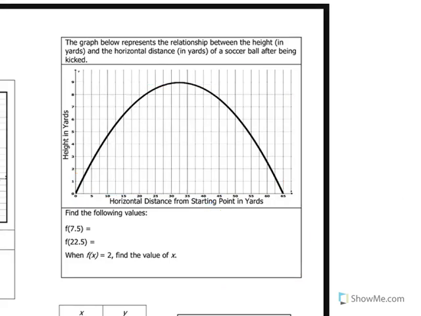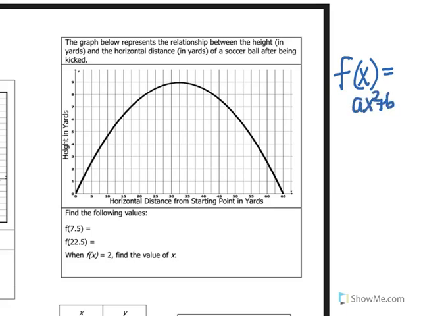So it says, find the following values, f, and then in parentheses, 7.5. So you need to remember from last semester, when we have a function, when we have f of x equals, and in this case, it's a quadratic function, ax squared plus bx plus c.